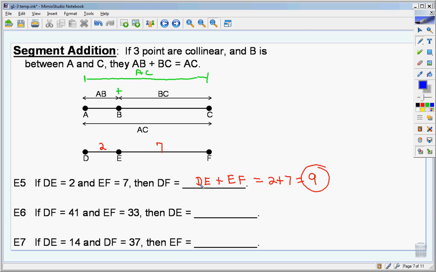I certainly don't expect you on these easier problems like that to write this out. I just wanted you to see where these came from. Using segment addition, it says if I take part of the segment, DE, I take the rest of the segment, EF, that it's equal to the whole segment, DF, which is what they're asking me to find.